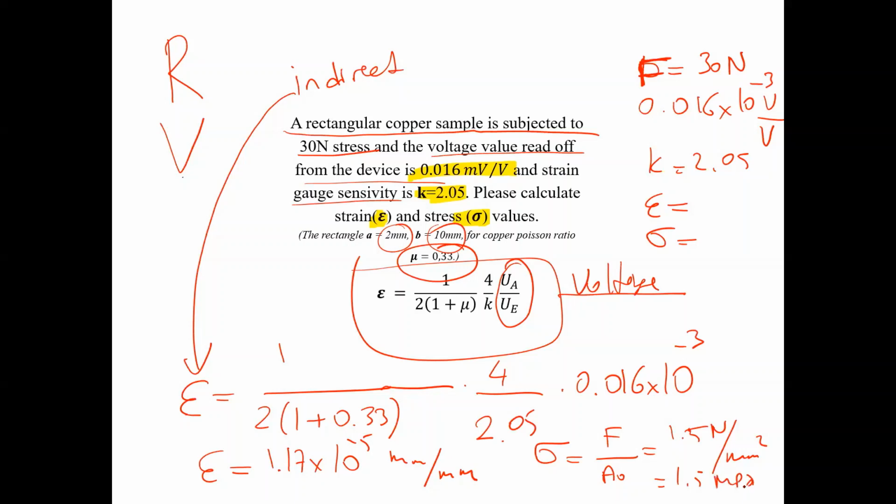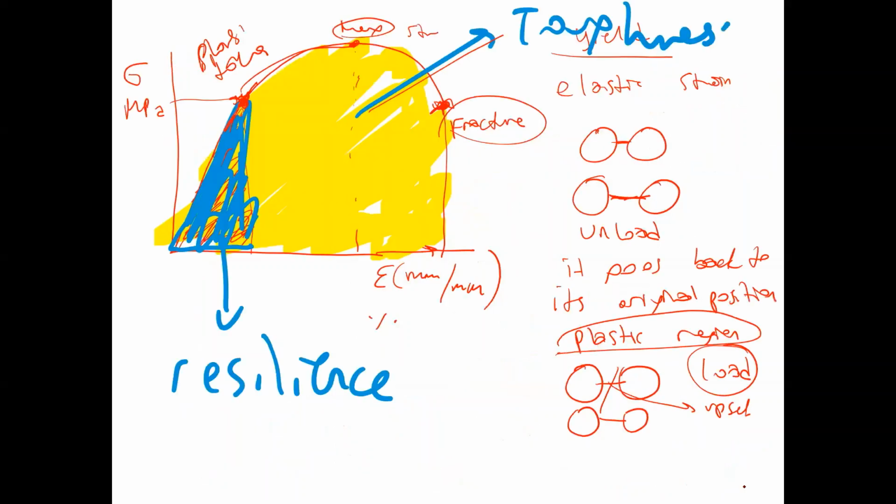Pascal. And furthermore, we could also calculate modulus of elasticity. We calculated from the question, this is 1.5 megapascal, divided by strain value 1.17 times 10 to minus 5. So it is about gigapascal.